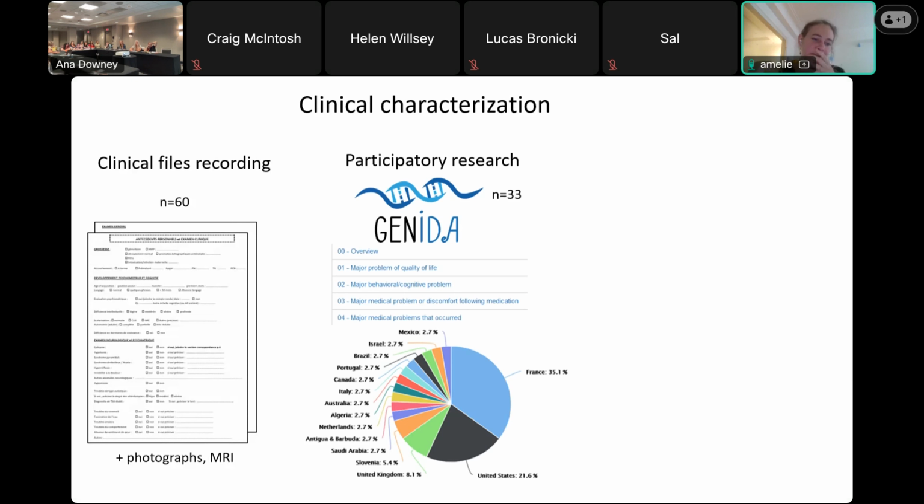But we also used these clinical files to establish a clinical score for DYRK1A syndrome. We established this score on an initial cohort. It's a score on 20 points, based on these recurrent features, but also based on the facial traits of the children.